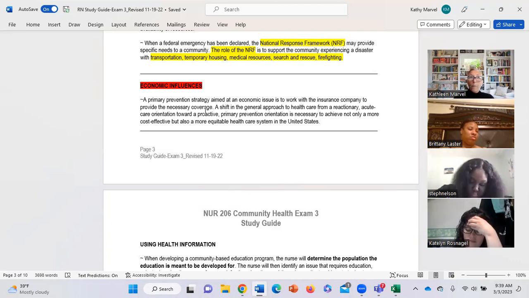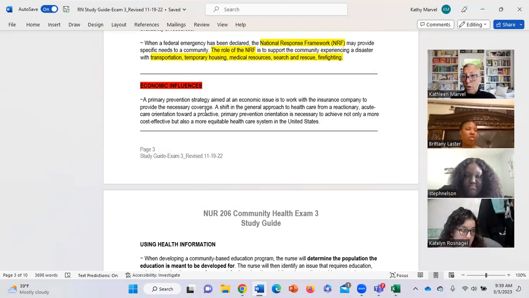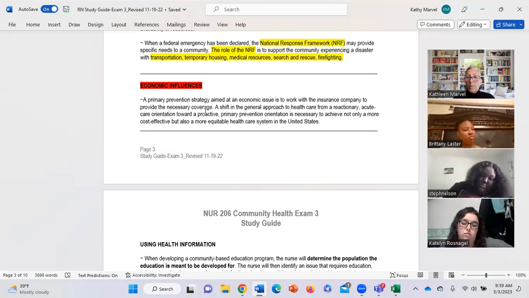For example, maybe somebody's been diagnosed with a rare disease and it requires a very expensive medication and the insurance won't cover it. Well, maybe you can work with the insurance company to say, listen, it's going to be cheaper to pay for this medication, even though it's not covered, because of the care this client is going to need if they don't get the medication.